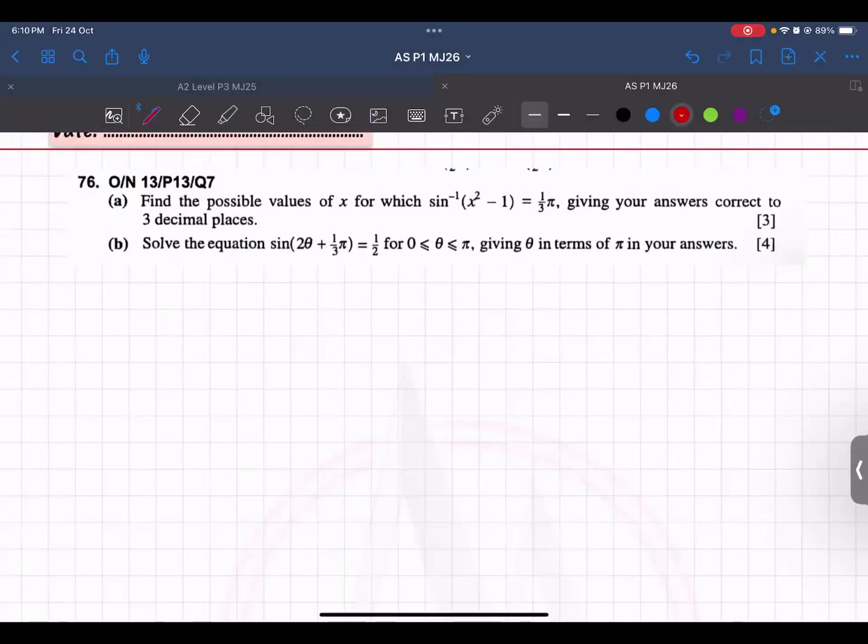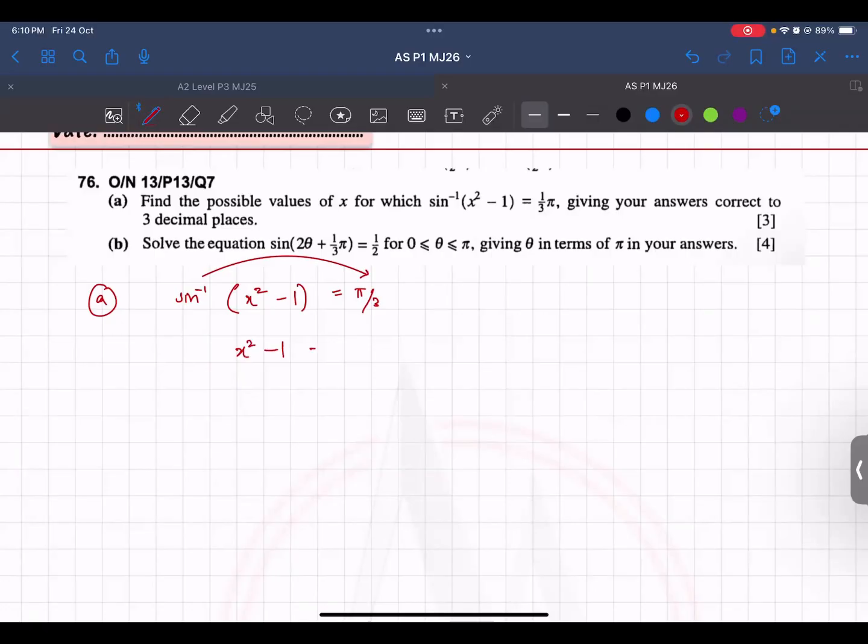Find the possible values of x for which part A, sine inverse of x square minus 1 equals pi by 3. Give me your answer correct to 3 decimal places. This looks a bit unique, but when you move the sine inverse to the other side, it becomes simple sine.